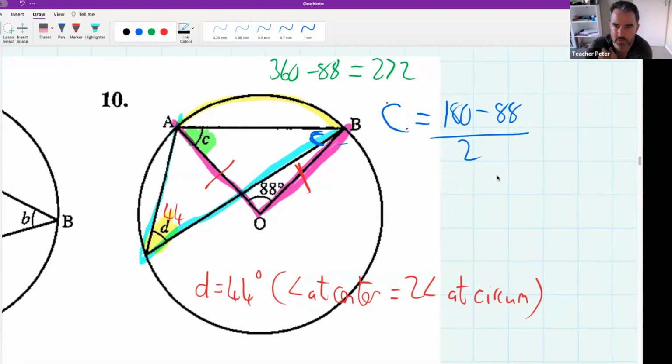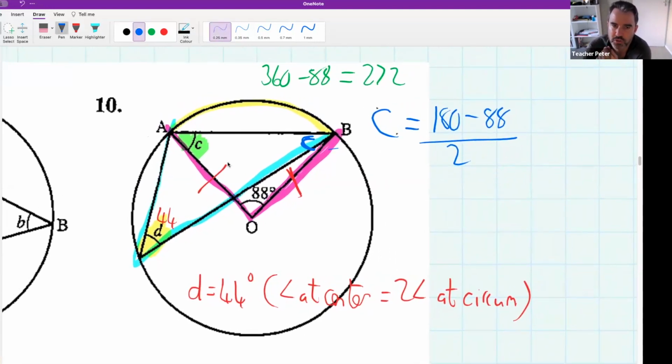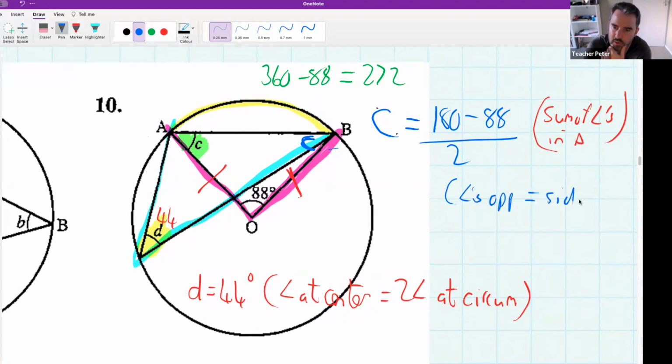You're using the reason that the sum of angles in a triangle add up to 180, and you're also using the reason angles opposite equal sides. So you know that this C over here, which is opposite the red, and this over here are the same.